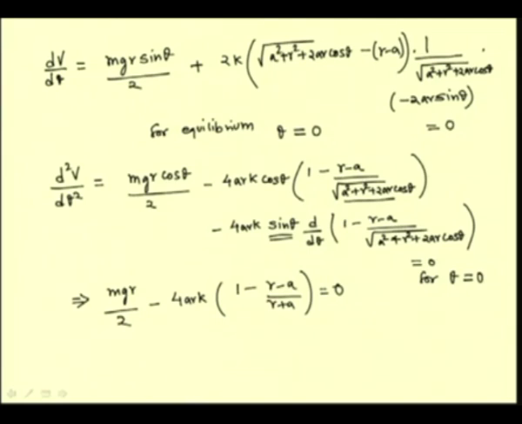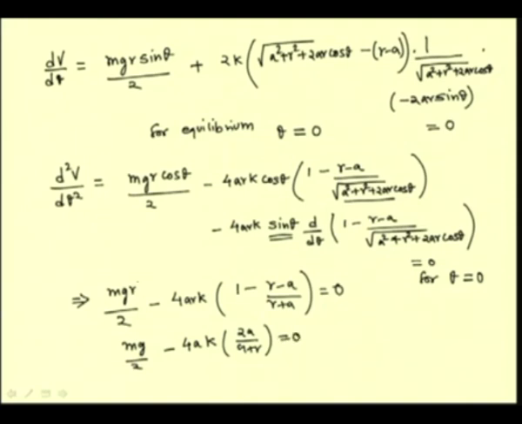So, let us try to rearrange these terms. mg by 2 minus 4ak times 2a by (a plus r) equal to 0.